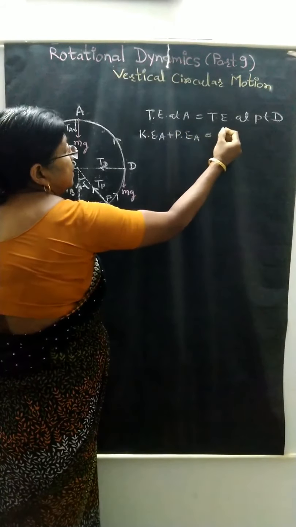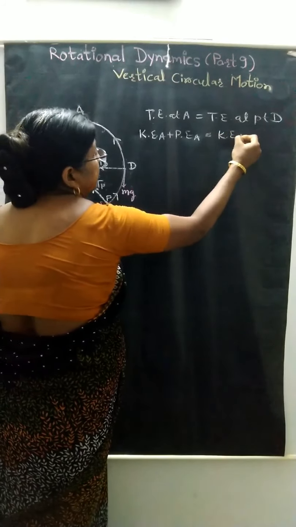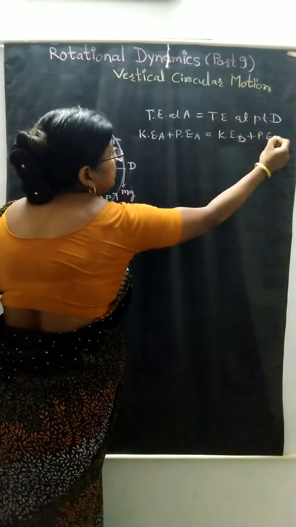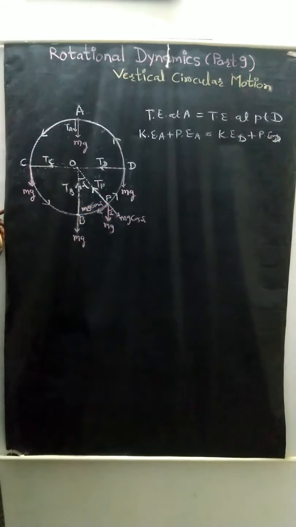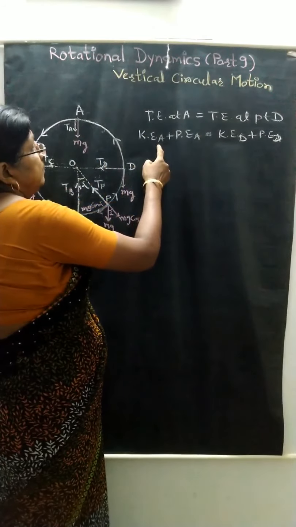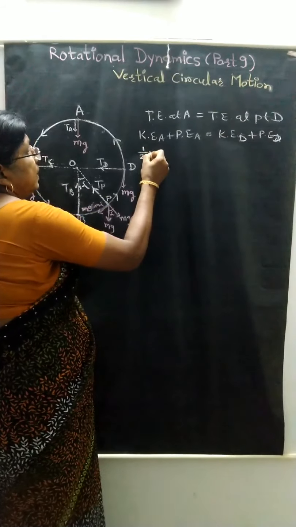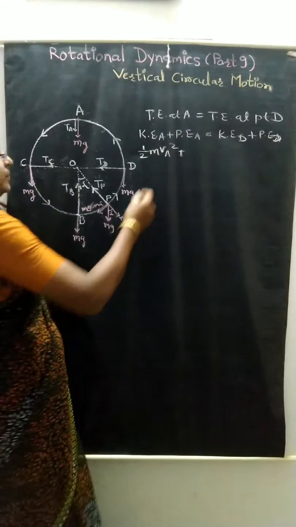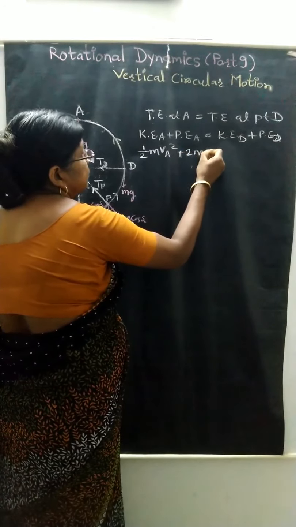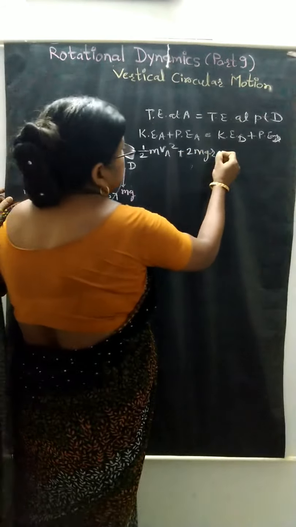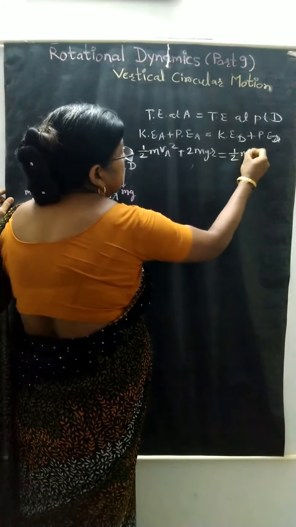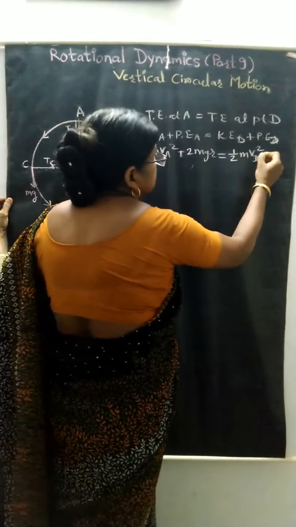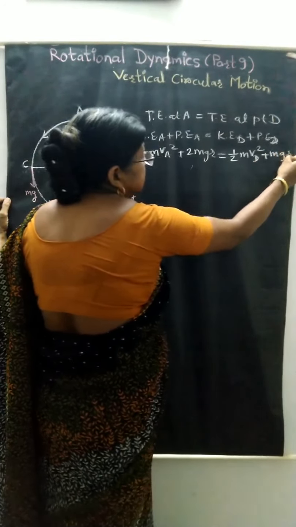At point A the kinetic energy is half m Va square plus potential energy at point A is 2mgr, is equal to kinetic energy at point D, half m Vd square, plus potential energy mgh, that is mgr.